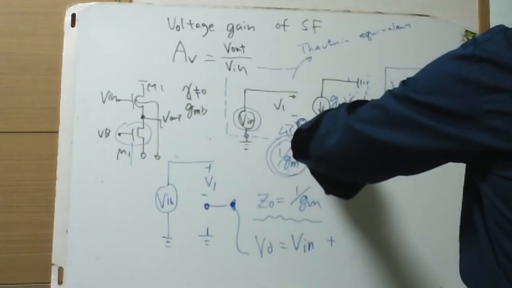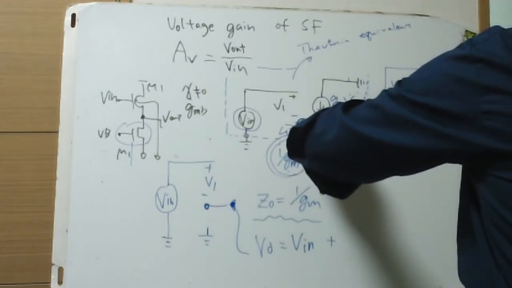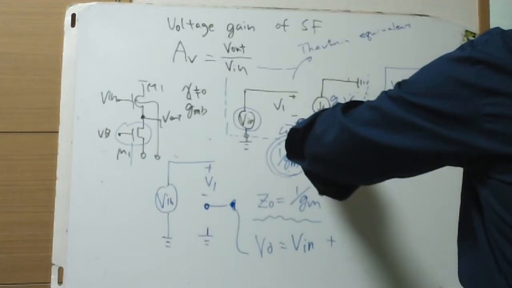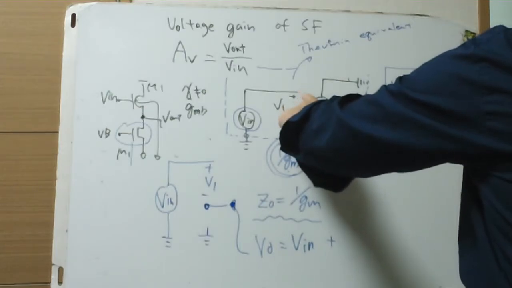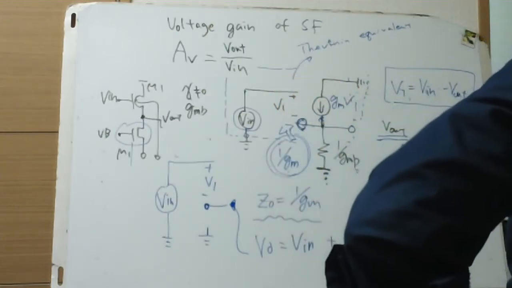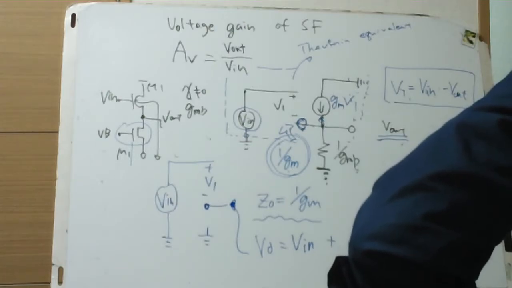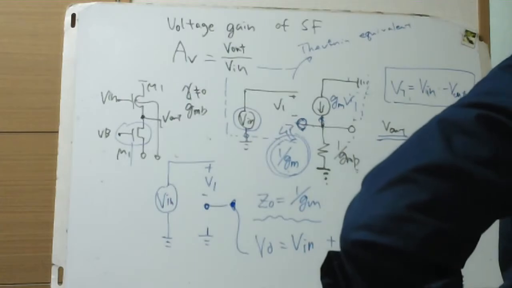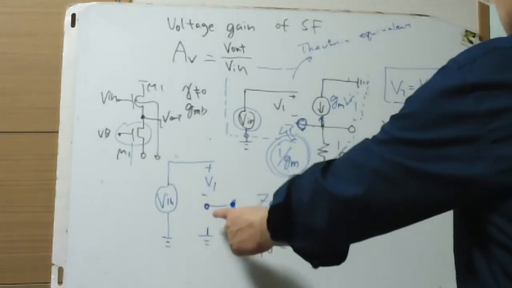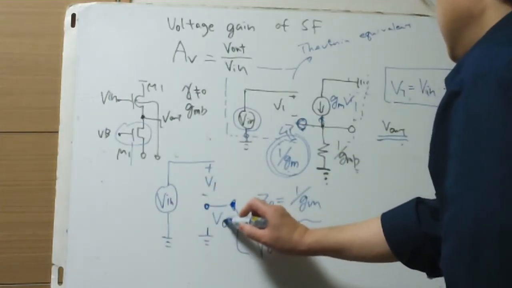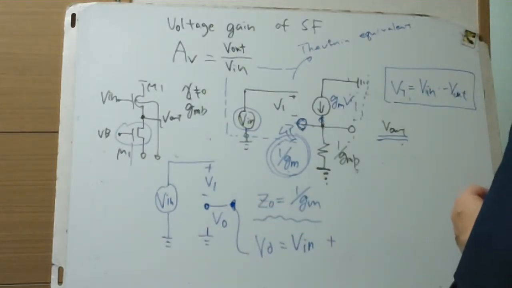what is the voltage? When shorting Vin in the sense of AC ground, V1 is also shorted. Of course Vin equals, in this topology, VO equals VO.